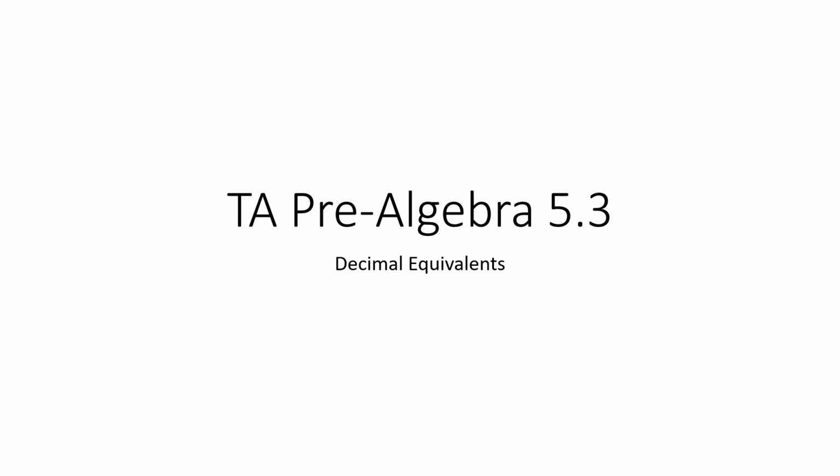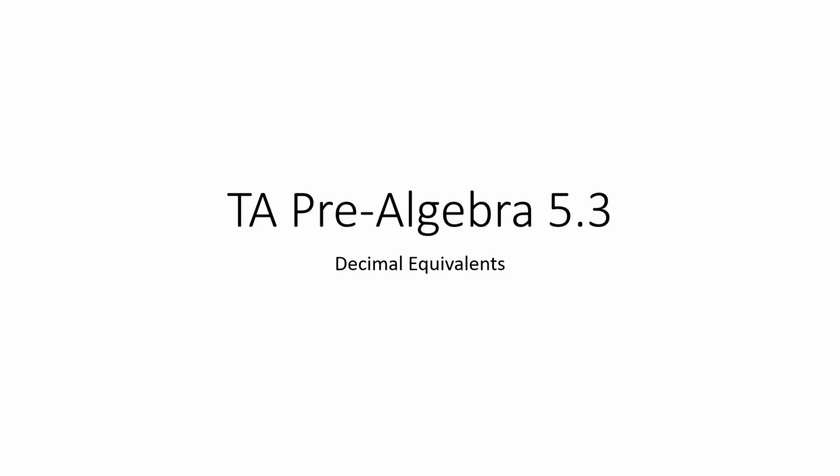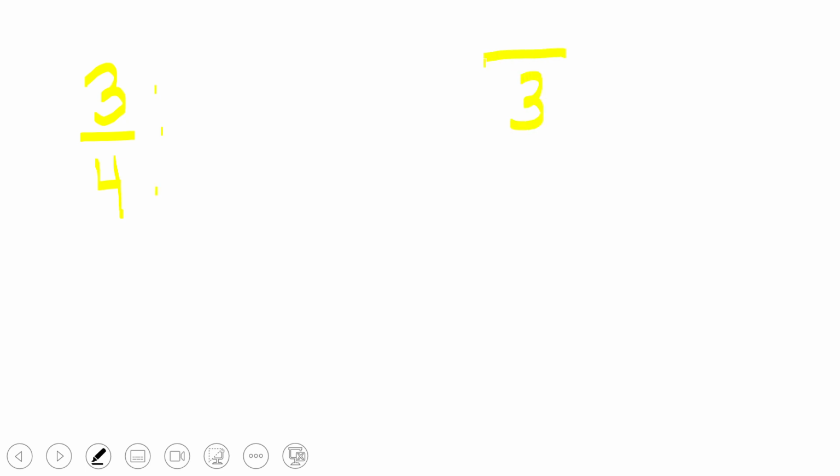Hello class, I'm working out of your pre-algebra book, 5.3 decimal equivalents. To get started, you are asked to convert something like 3/4 to a decimal, then convert by dividing. 3 divided by 4, 3 goes inside the house, 4 on the outside.